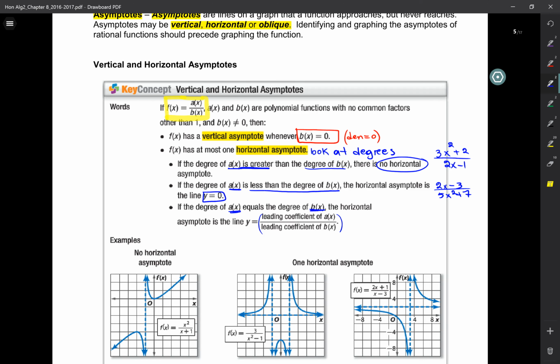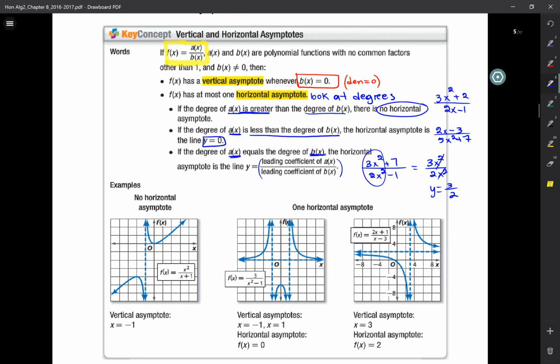Y equals 0. Now, if the degrees are the same, so suppose you have 3x squared plus 7 over 2x squared minus 1, you put the leading coefficients on top of each other, and what does that reduce to? 3 over 2. So the horizontal asymptote would be 3 over 2. Okay? Questions? No more questions? Okay.